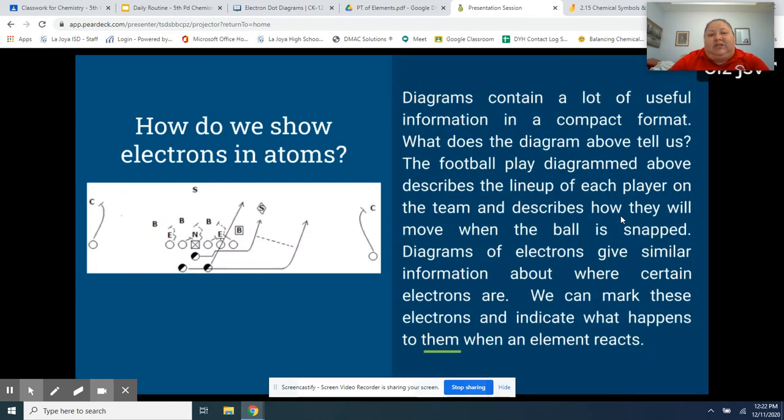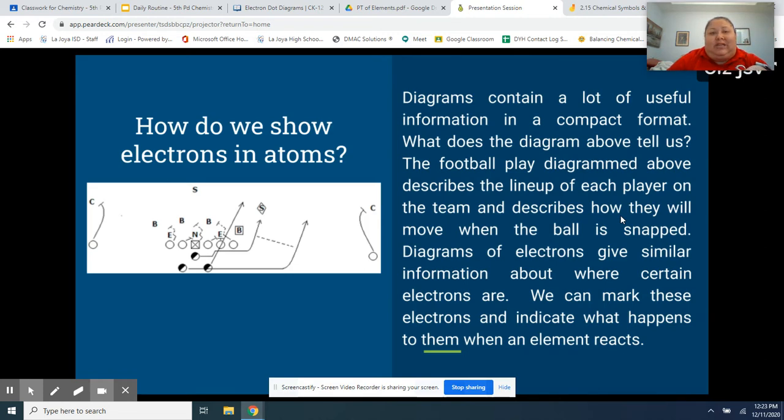We started yesterday's topic talking about how this drawing, this picture on the left, is a diagram of a football play for a particular team, and it doesn't say what team. The reason it's coming up is that this diagram shows where each player is going to stand and what direction they're going to move when the ball gets snapped.